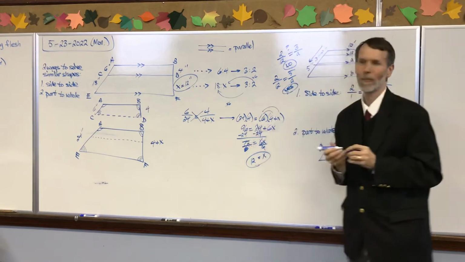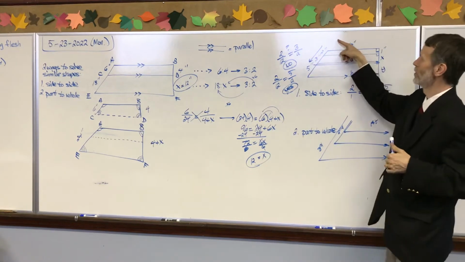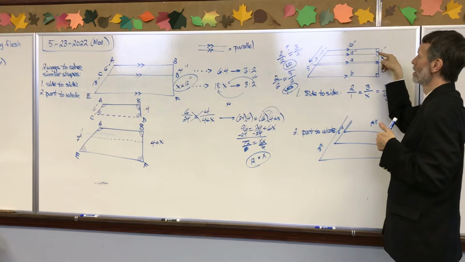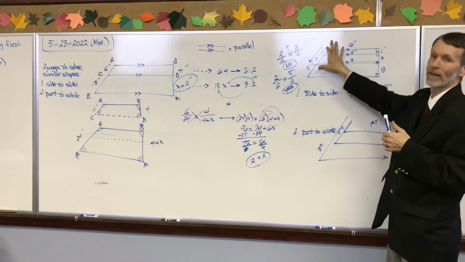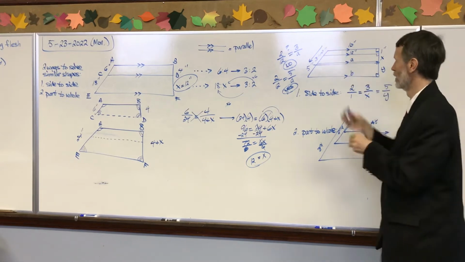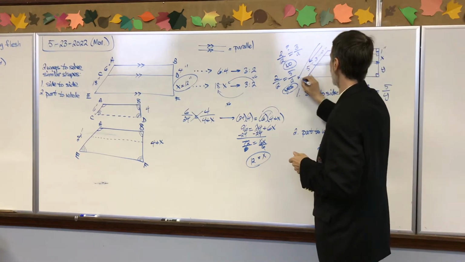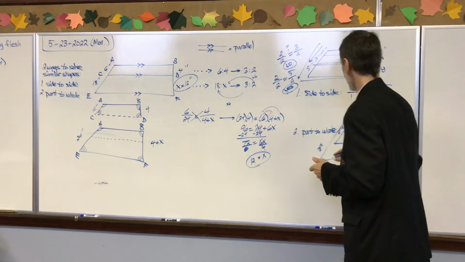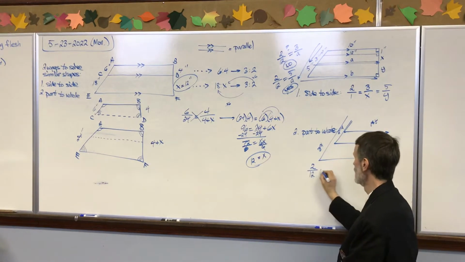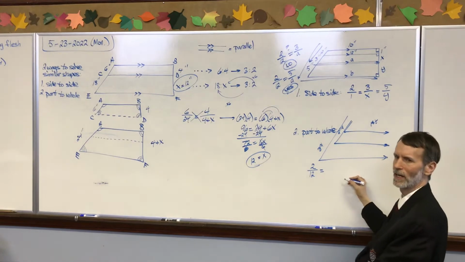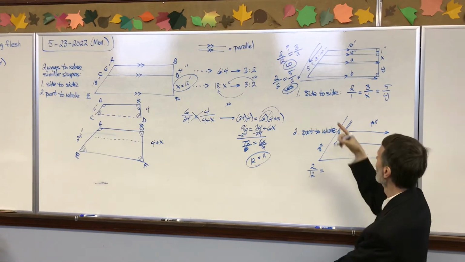See the difference? In other words, I'm doing one layer, part to whole, another layer, the whole thing, and then the third one will be even further. So the part to whole is 2 to 12 equals, what was the first fraction?